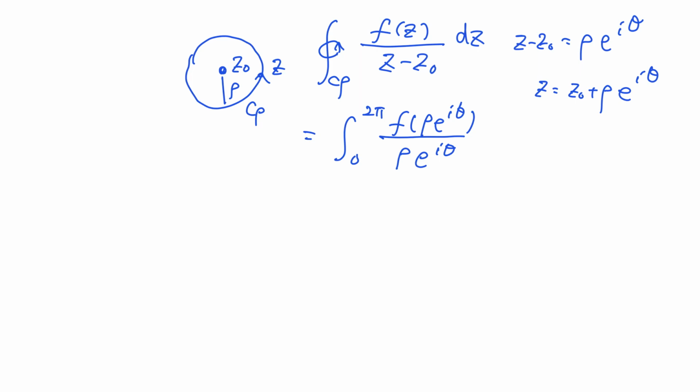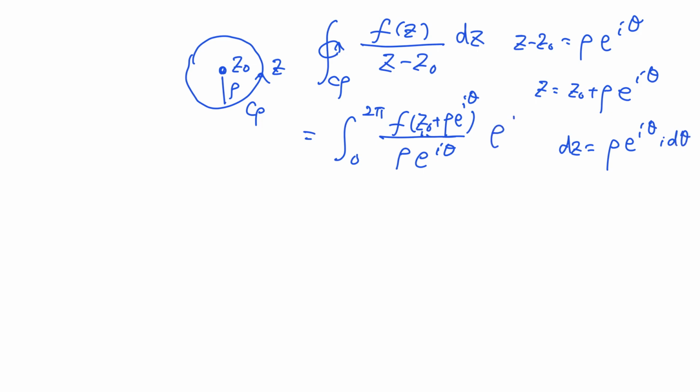So I have to change this into the following: z naught plus rho exponential I theta. And dz is rho exponential I theta, I d theta, right?